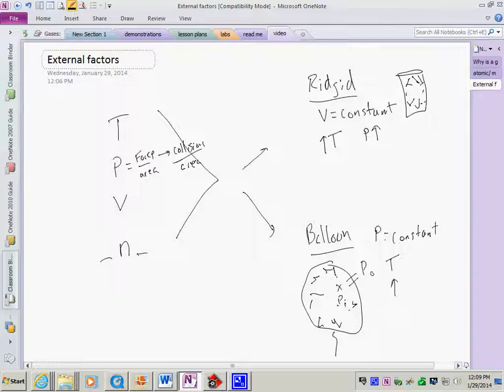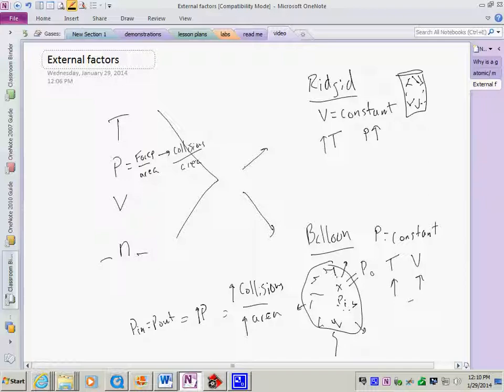The volume can expand, so the volume expands, increasing the area, and I'll end up with the same pressure. Again, as you increase temperature, you increase the number of collisions per area, and since that increases the pressure, the balloon expands because the pressures are no longer equal. It expands the volume, cranking up the area until eventually, once again, we come to a new equilibrium where the pressure inside equals the pressure outside. So in the end, we will have equal pressures.